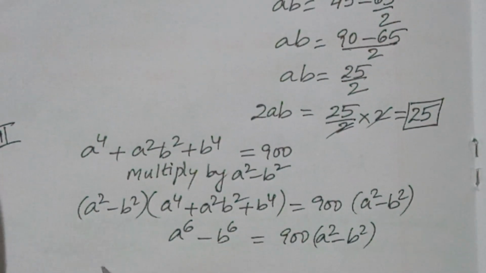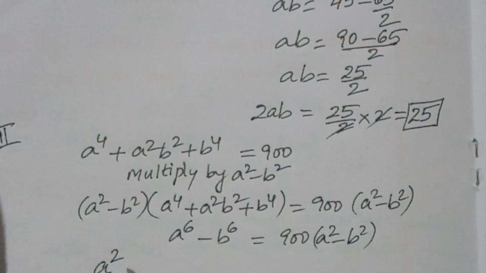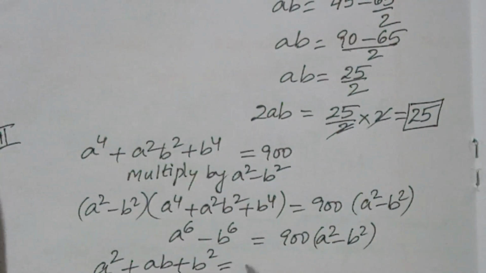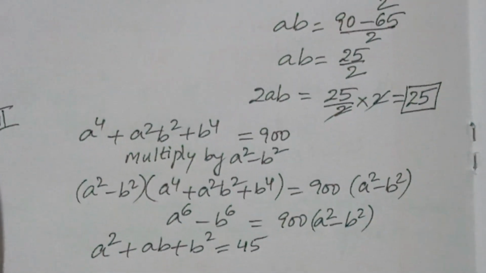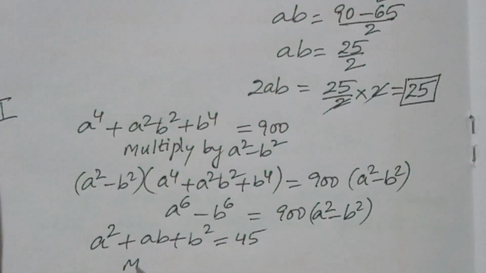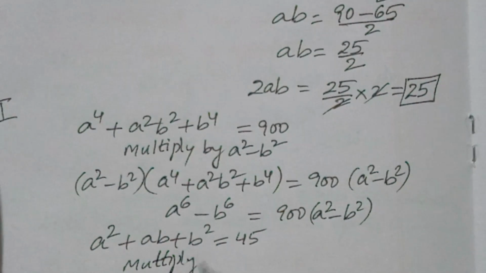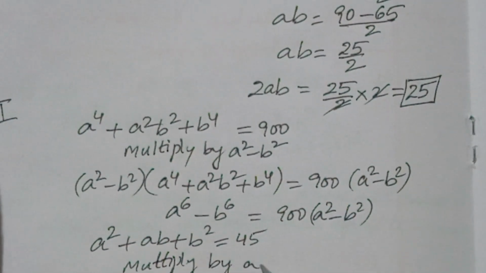If you take the second equation, a square plus ab plus b square is equal to 45, multiply by a minus b.